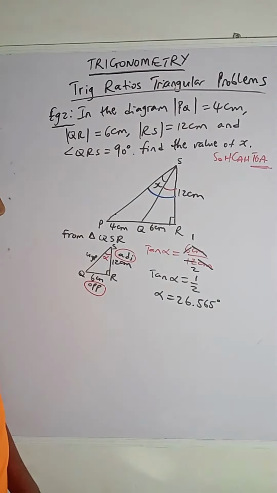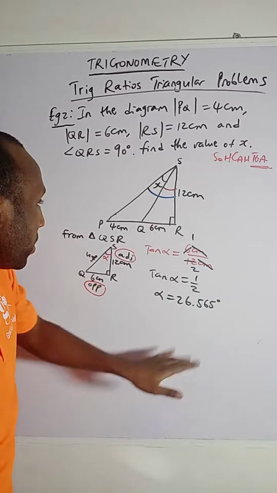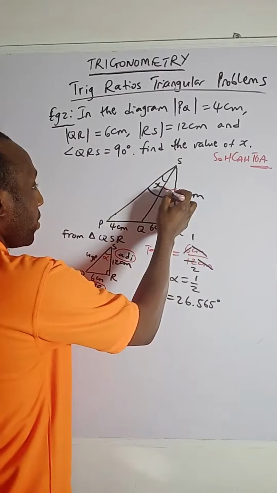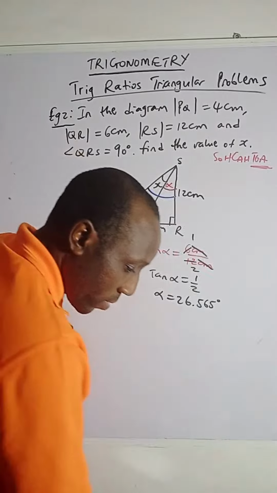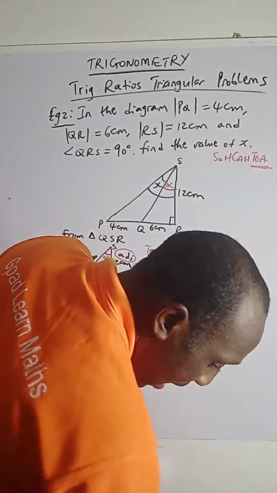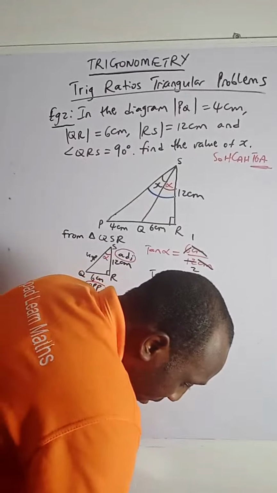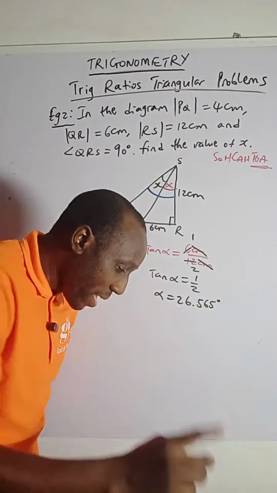So we've gotten alpha now. What else do we need to get? Let's just keep alpha the way it is and label this as alpha, which we have gotten. What else are we going to get? Angle X now. Before we get angle X, we must get something first.